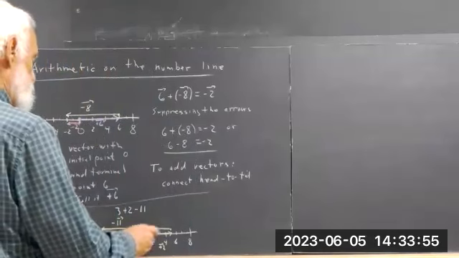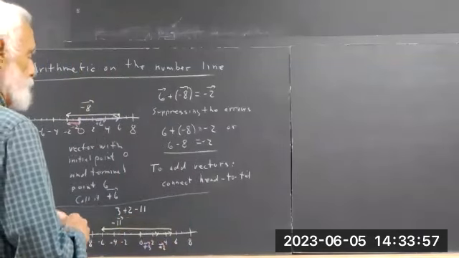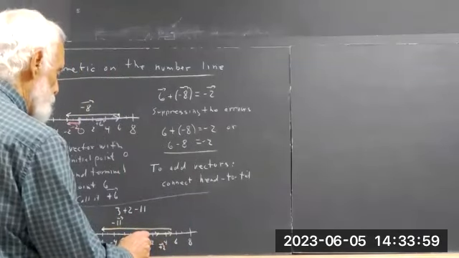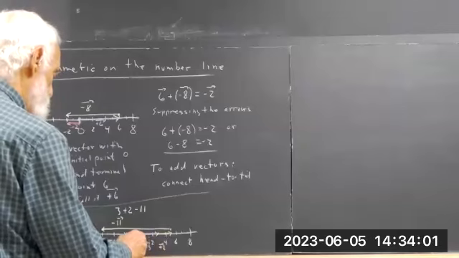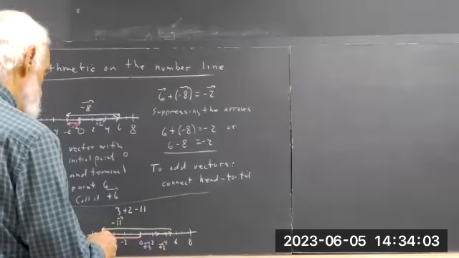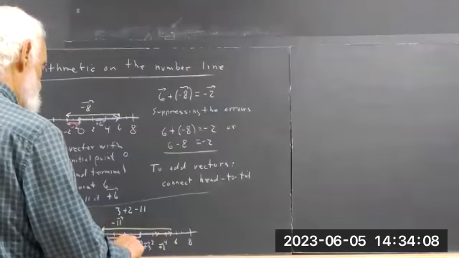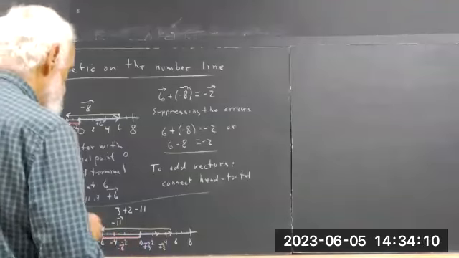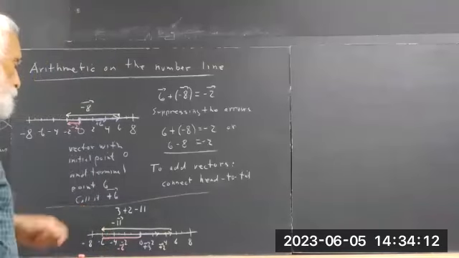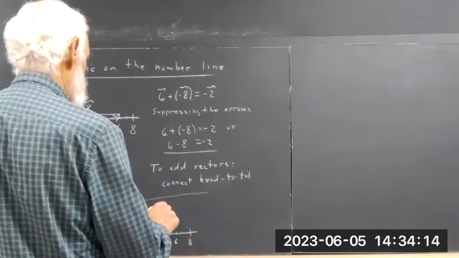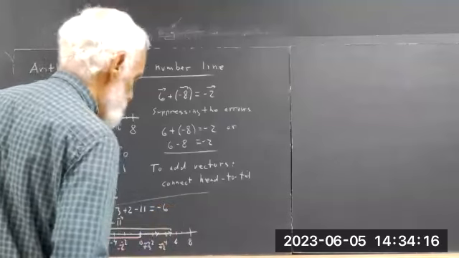A 3, and a 2, and a -11 is the same as just starting at 0 and doing a -6. Okay. So we come up with the conclusion that this is -6.